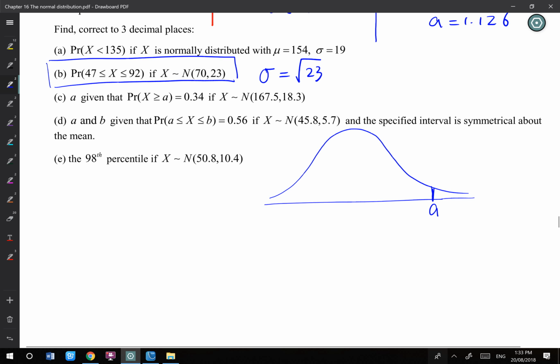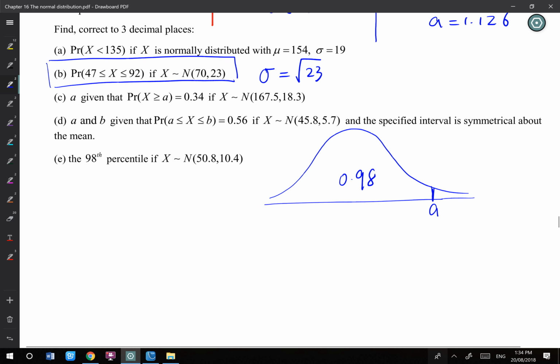Left or right? Left. A is the 98th percentile. From negative infinity, from the lowest point until somewhere, you get 98%. So from negative infinity until A, you have 0.98 of the area. It's the left hand side. So remember, all the math we learn is the left hand side. The important thing is always the left hand side.